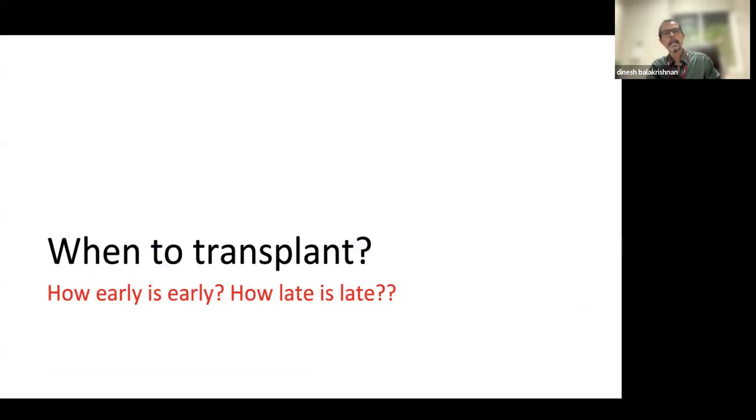Now, when to transplant? How early is early? How late is late? When a patient has chronic liver disease, doing a transplant very early, one should think twice, because many of these patients, like somebody who is taking alcohol, if he abstains, there's a chance that he may stabilize and can be on follow-up. Similarly, hepatitis C virus, as you all know, is eminently treatable.